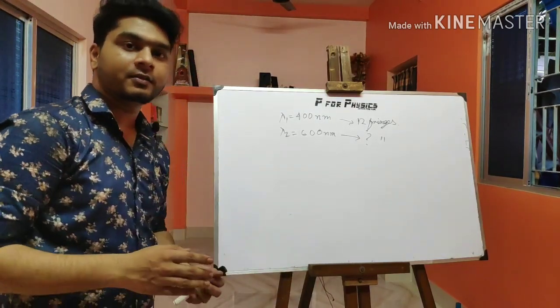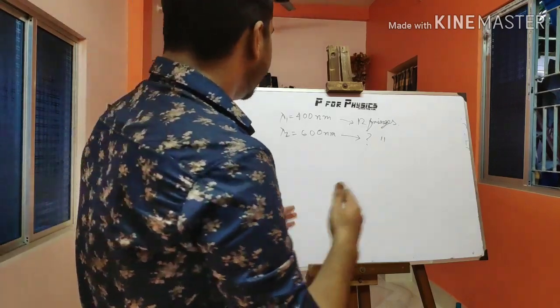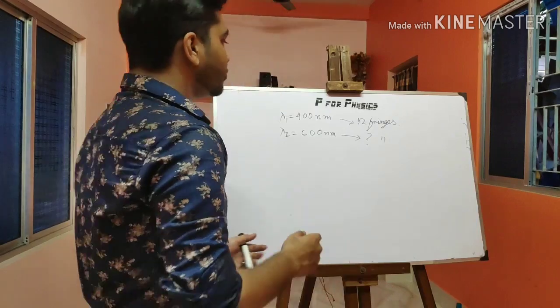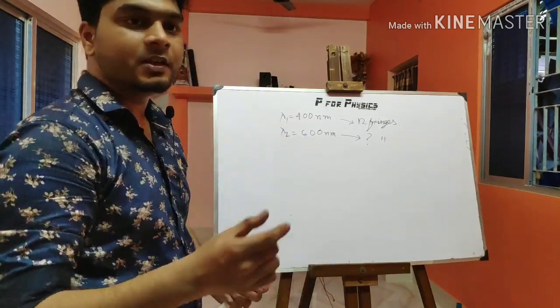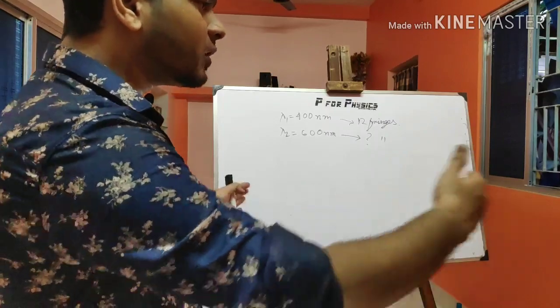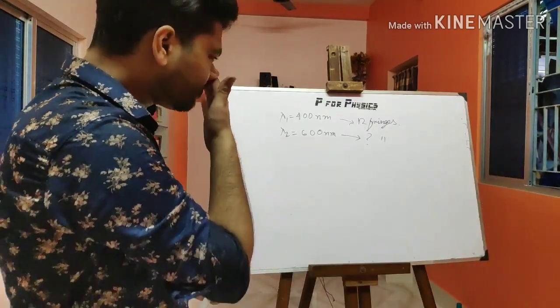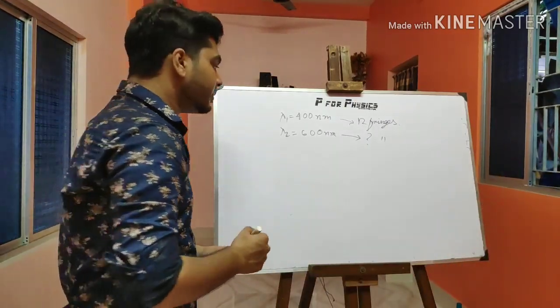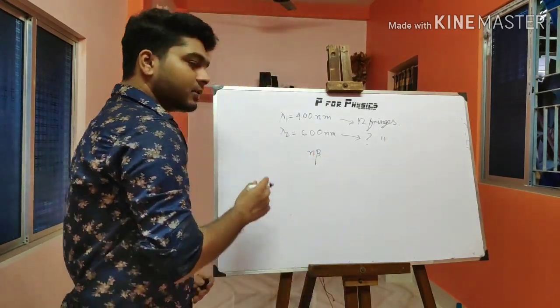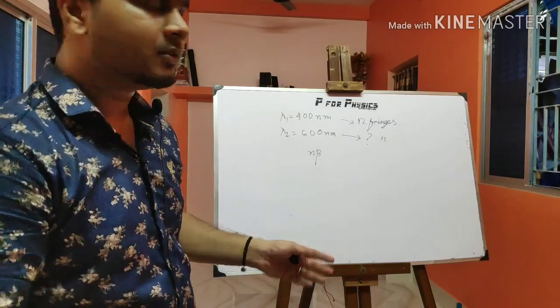The idea is the total area on the screen is constant. Say you have n number of fringes, each of width beta. So what is the total area covered by the fringes? That would be simply n into beta, which is the width of the screen.